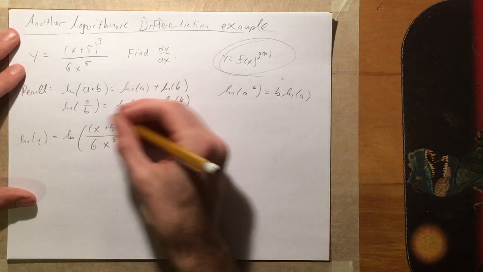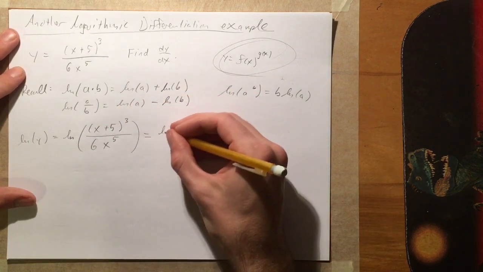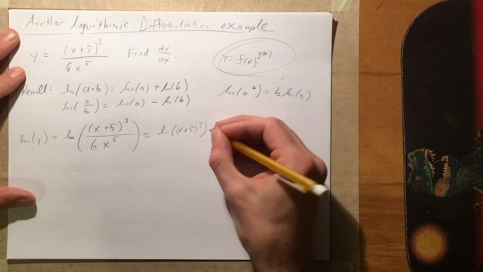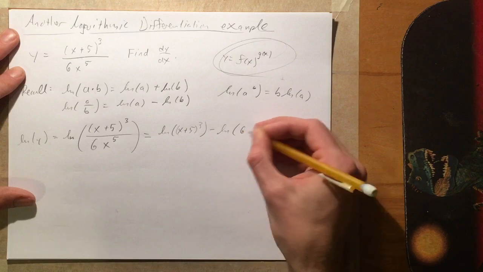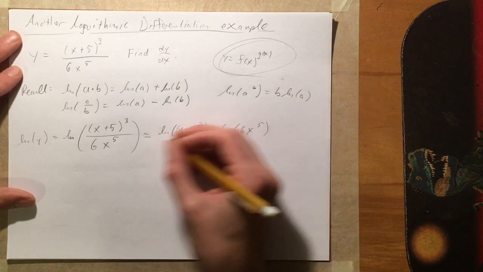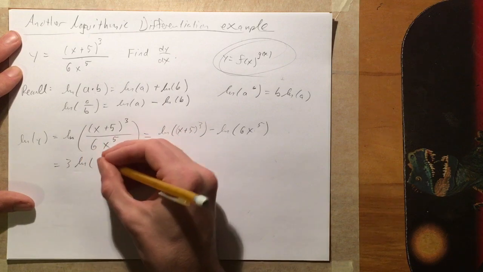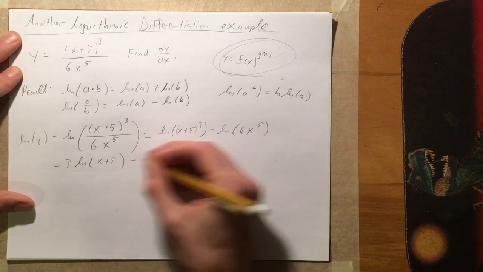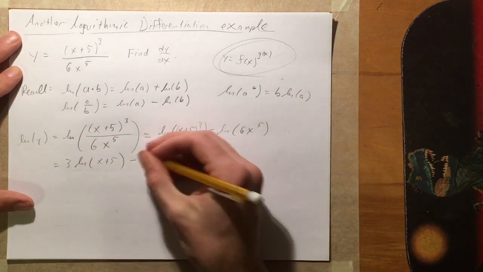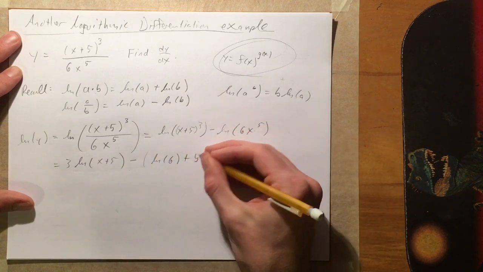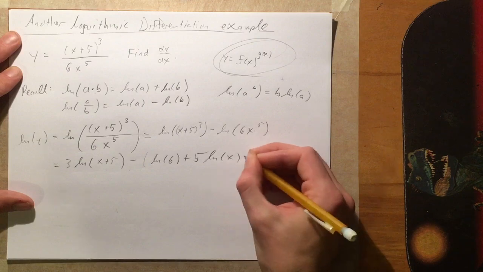So we can use that subtraction rule, so we can do the log of (x plus 5) cubed minus the log of 6x to the 5th. And then you can pull the 3 out here, 3 times log of (x plus 5). And then this one can be split up into log of 6 plus, and then pulling the 5 out, 5 times log of x.